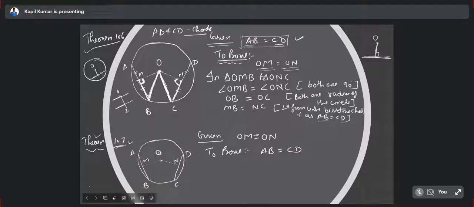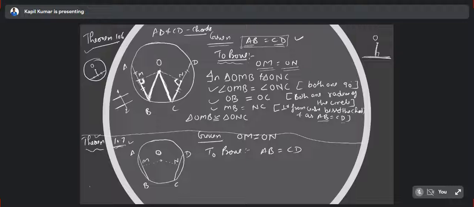So from here, as three parameters of the two triangles are equal, we can say that both the triangles are congruent. It means triangle OMB is congruent to triangle ONC.